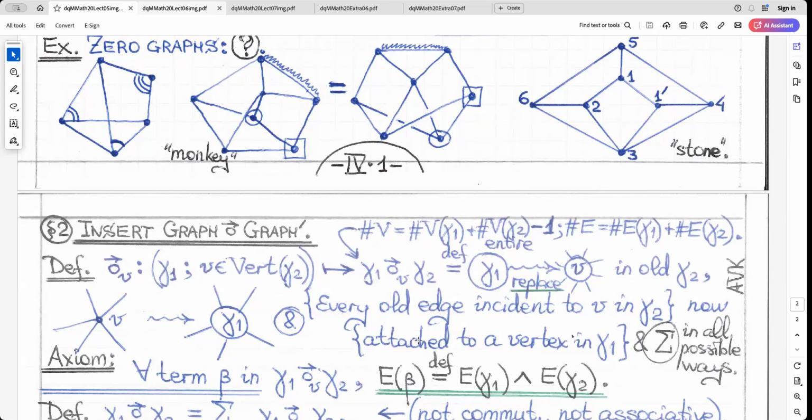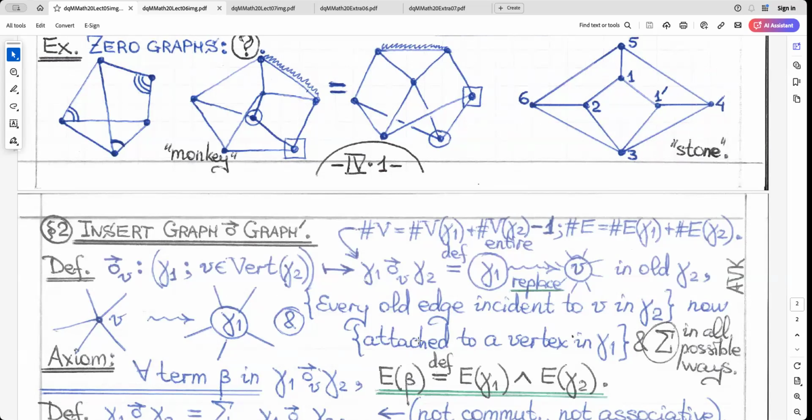Everything is filtered by the vertex-edge degree. Now let us see what we can do if we have one linear combination of graphs and another linear combination of graphs. Let us make them into an algebra. Let us understand how we can multiply graphs.